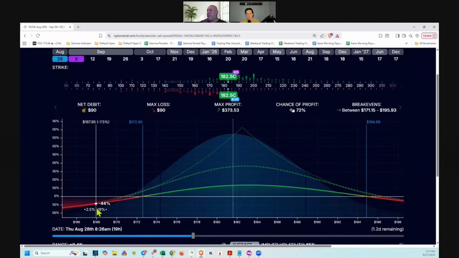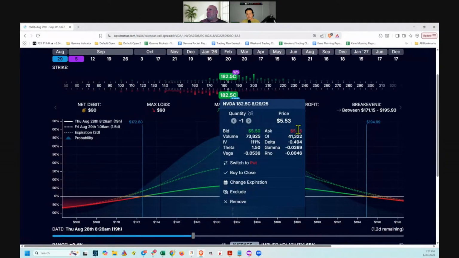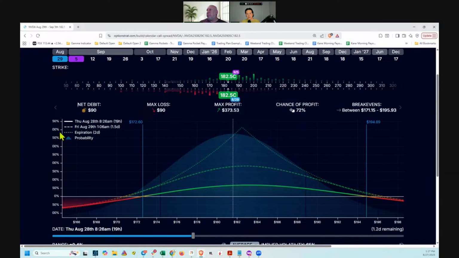So if I lose $45 over here, then fine. That's fine. I made money on the one that I sold, so I buy it back for next to nothing. I sold it for $5.50. I'll buy it back for almost nothing. But I lost money on my long call. But guess what? If it's an overreaction, what tends to happen? It tends to bounce.